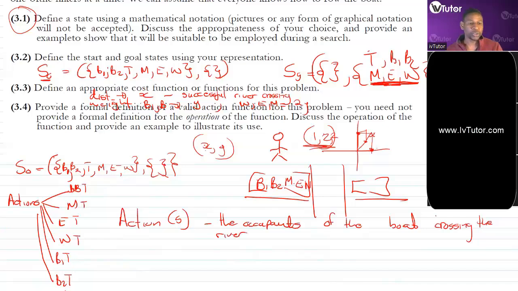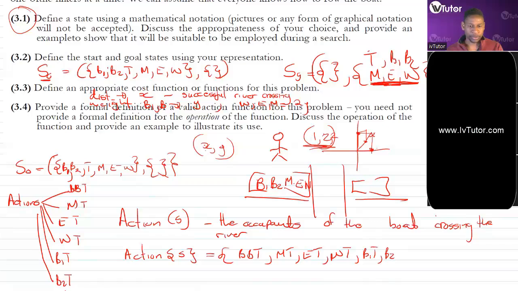And then it is a set, action S, it is a set of BBT, MT, ET, WT, B1T, B2T.